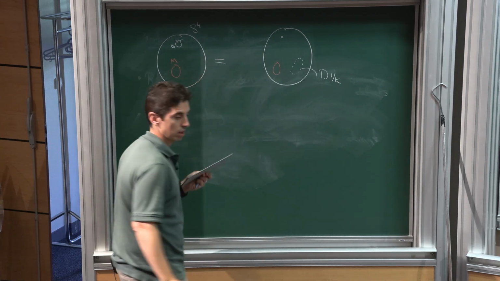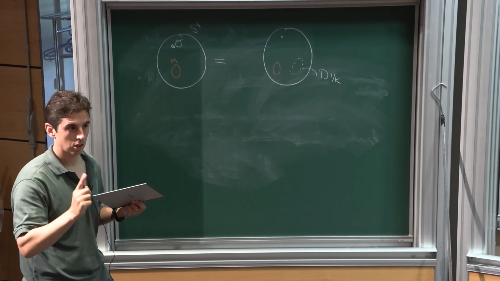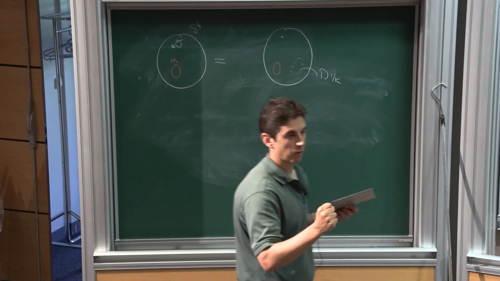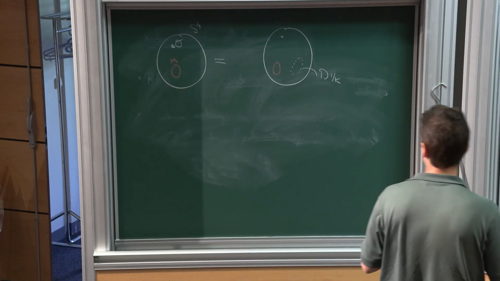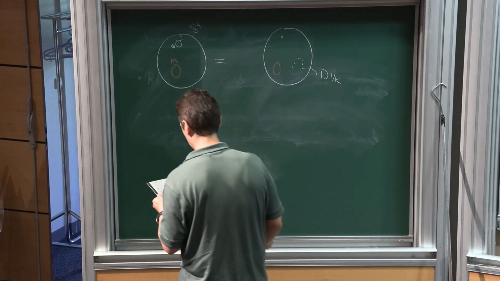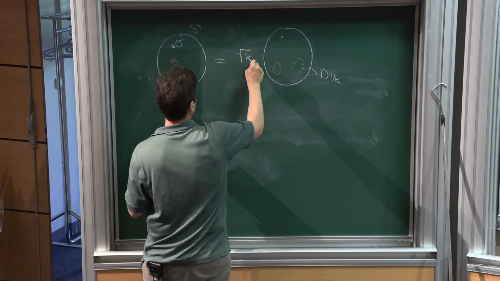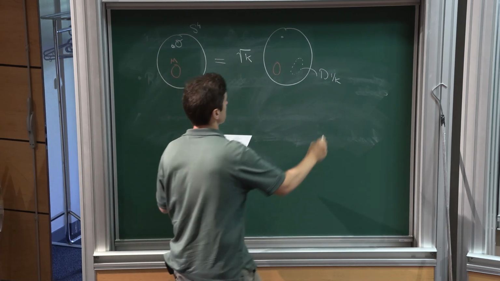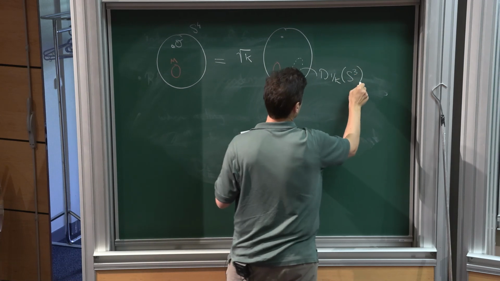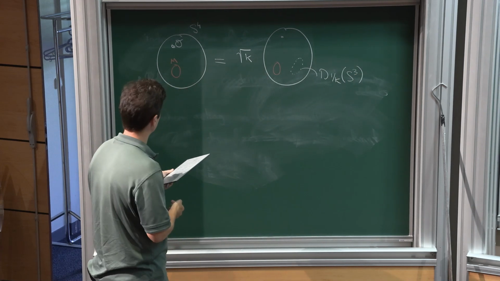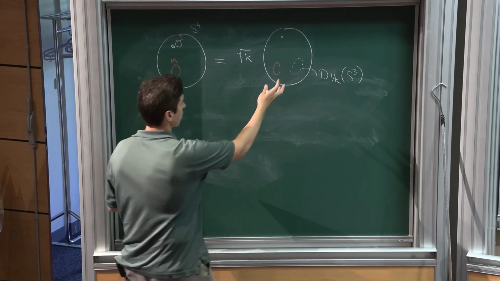The cost of growing a small bubble is not 1, because D evaluated on the 3-sphere gives us a factor of 1 over root k. So these are only equal if I multiply by 1 over root k. This is on the 3-sphere. Now I grow this thing.